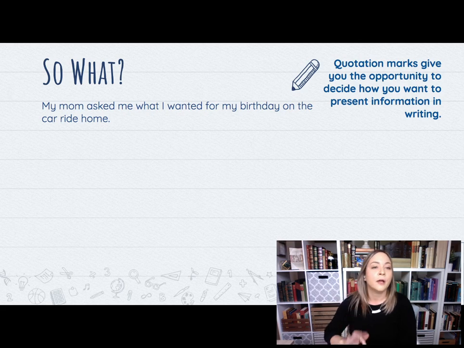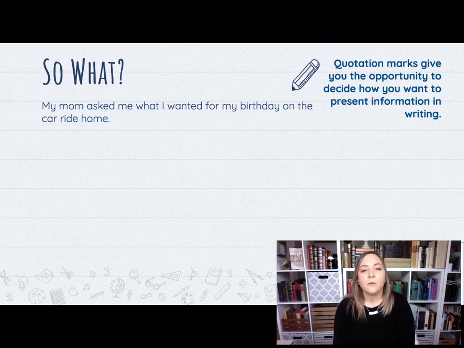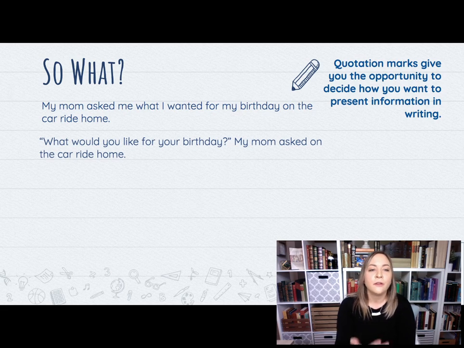If you're, say, in your own writing, describing this moment with your mom: My mom asked me what I wanted for my birthday on the car ride home. So you have the option to present this differently. I know these examples are fairly simplistic, but it gives you variety in your writing later on, guys. Your other option is to directly quote that, so it's dialogue.